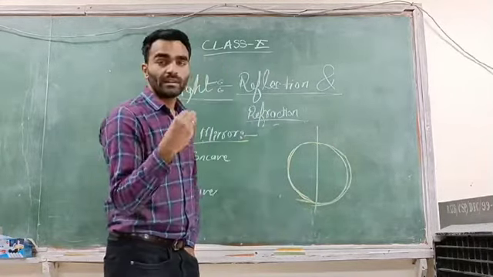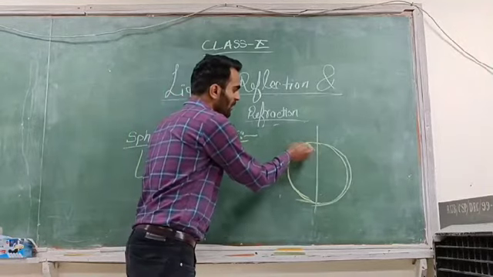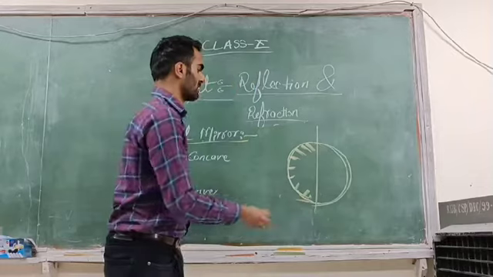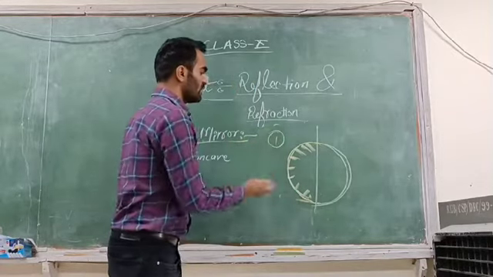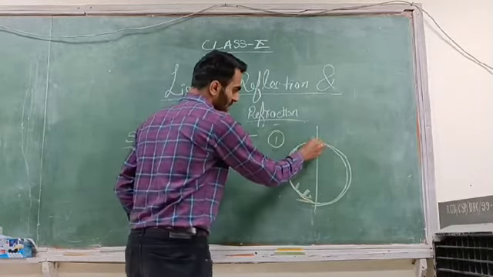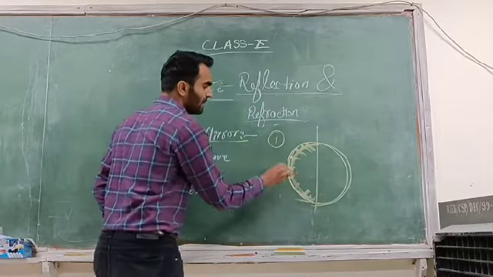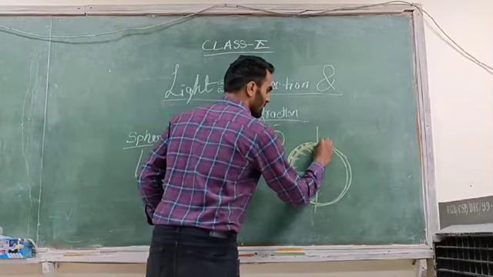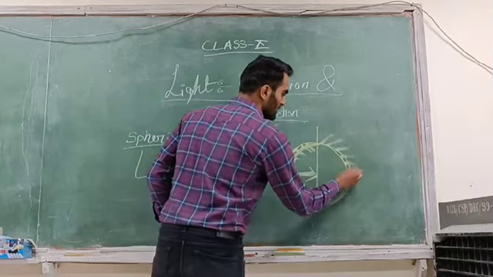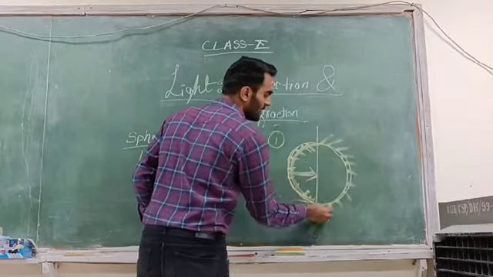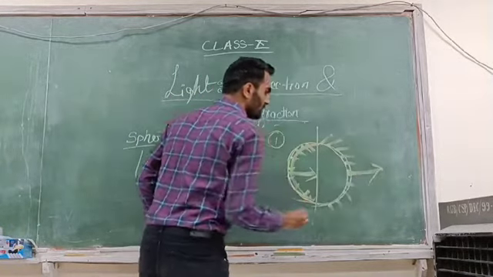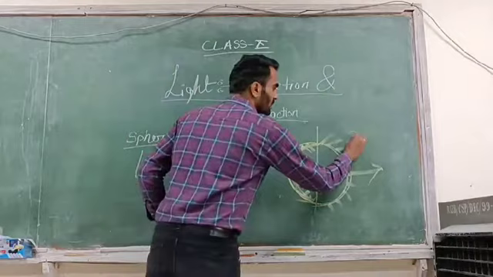If the radius of curvature is bent towards the center of the sphere, that is the first case, and in another case the curvature of the sphere is made outward from the center. So it makes two kinds of mirror.